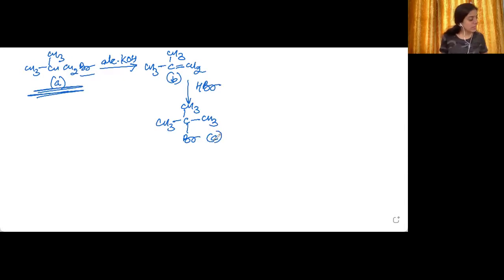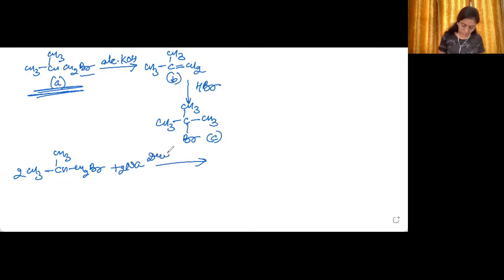Okay. Next, when A is reacted with sodium metal, it gives a compound D. (CH3)2CHCH2Br plus sodium. Now this will be two molecules, with two sodium atoms. The reaction occurs in the presence of dry ether.